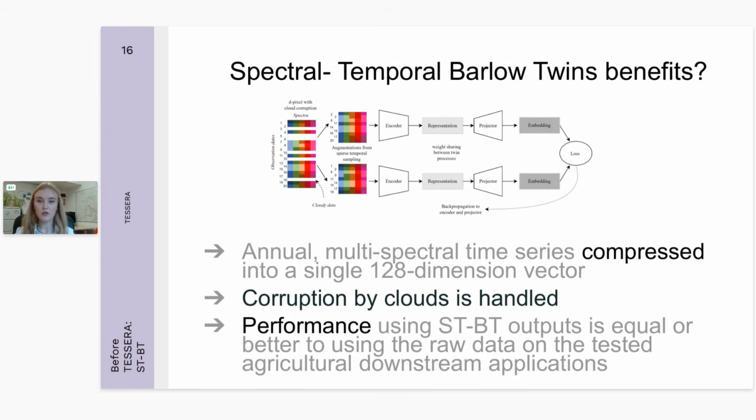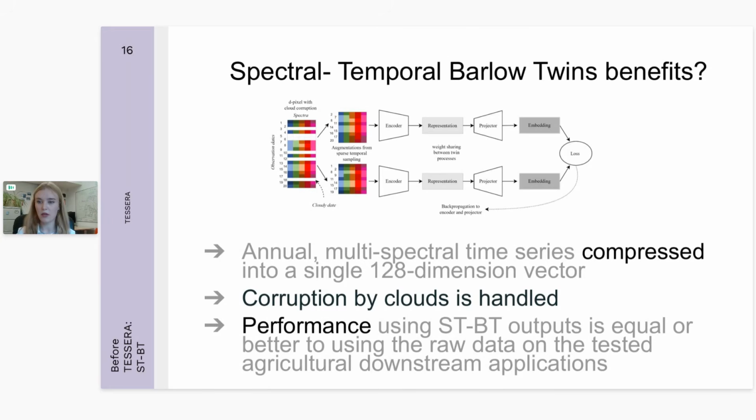If you put this into spectral temporal Barlow twins, what you get out is a 128 dimension vector. So great compression. Besides this, corruption from clouds is handled. We don't have to worry about missing dates. And besides this, when we actually looked at performance on downstream agricultural tasks, we found that using spectral temporal Barlow twins gave us equal or even better performance than using raw data methods or other SSL methods. So basically we found with STBT, great promise.